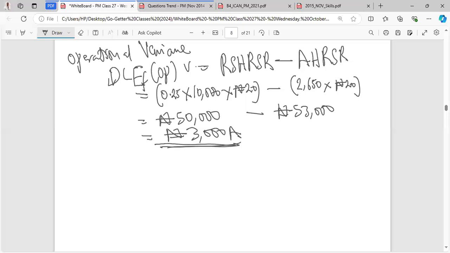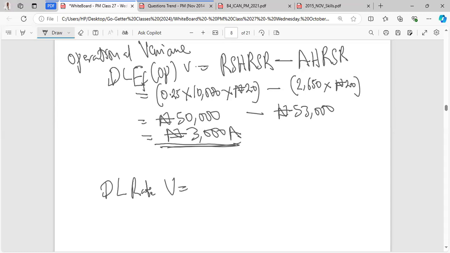And you will see that in the rate variance, you'll be having a favorable variance, which is far more than this 3,000, which will suggest that they hired cheap labor and it's giving them adverse operational efficiency. But let's go down to efficiency variance and rate variance. So we say direct labor rate variance.